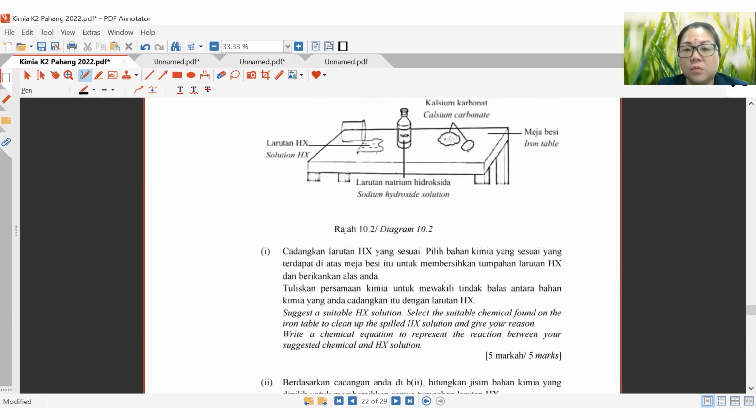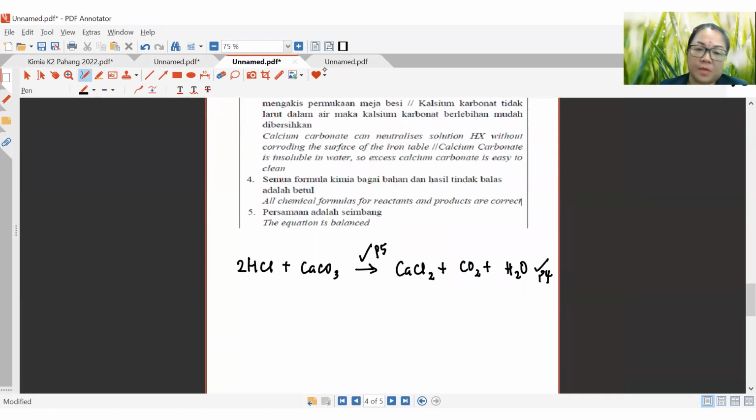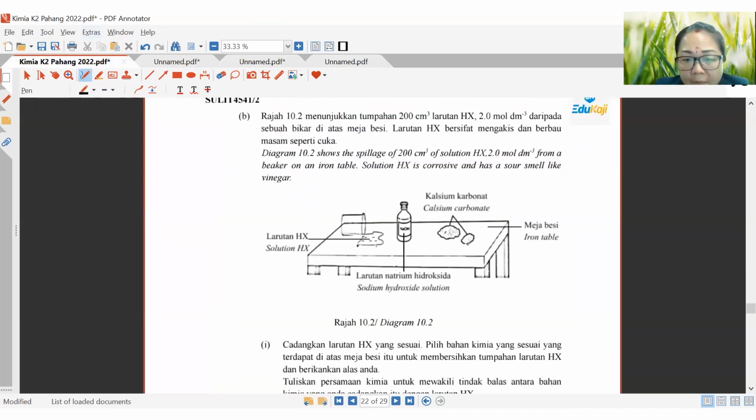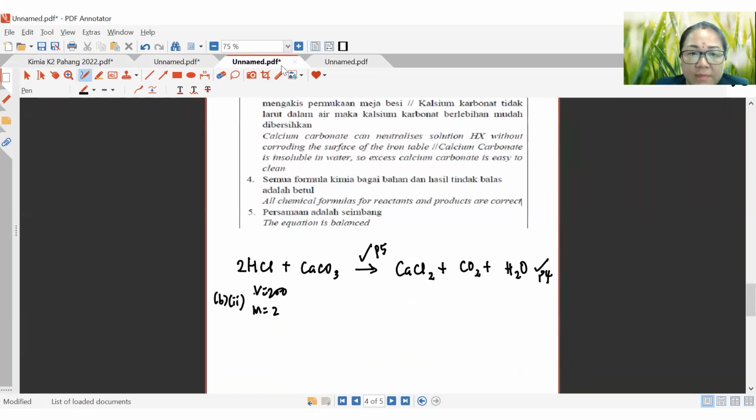That means your CaCO3 now, you have to calculate how much, because we've got 200 cubic cm of 2 mole. So now is part 2. HCl, volume 200, molarity 2. What do we want to calculate? We want to calculate the mass of chemicals selected. That means we want to calculate the mass, how much.